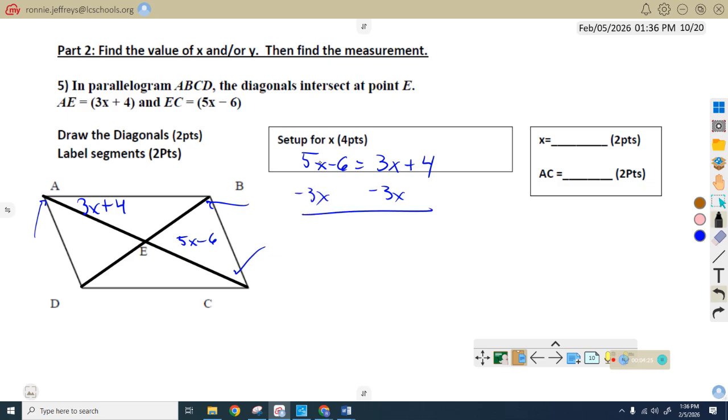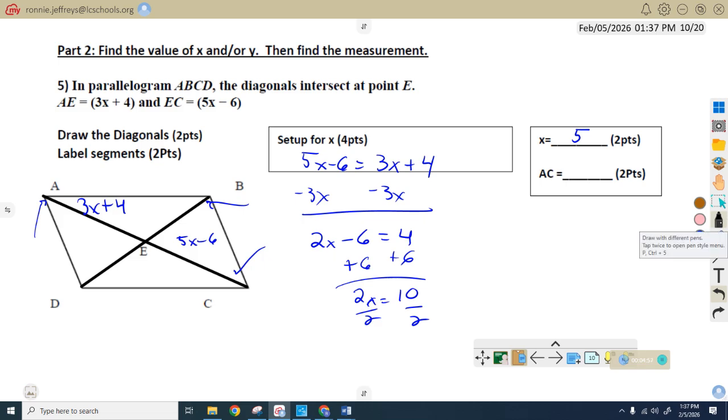Now, if you set it up as 3x plus 4 first, that's fine. Remember, always try to set the largest coefficient on one side so it's positive, because due to teaching, there's too much negative in my life. All right, so x is 5. Now, it asks for AC. That is the entire length.